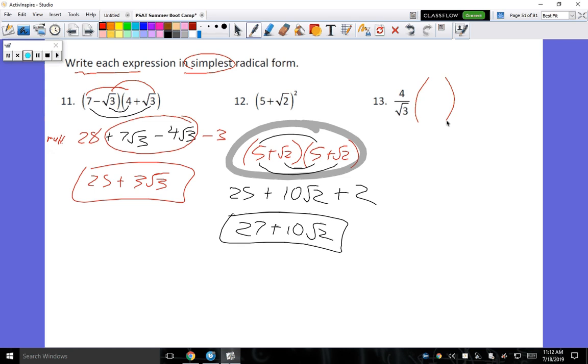What is it? Root 3 over root 3. And our goal, when we do that, is to get rid of what? The square root in the denominator. Can you have square roots in the numerator? Yes, all day. Okay? So we'll get 4 root 3, and the denominator, anyone? 3.